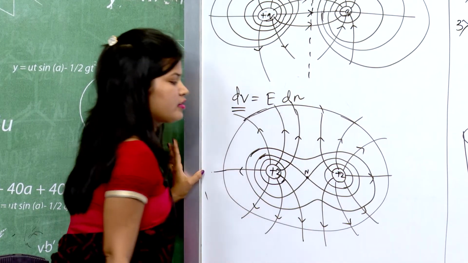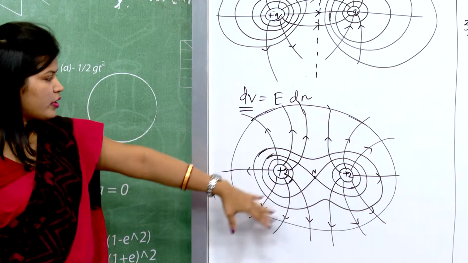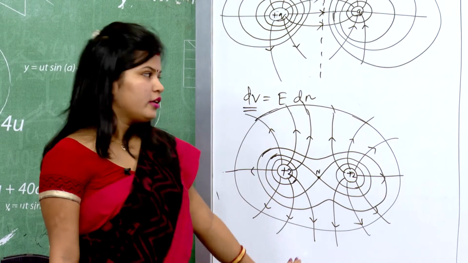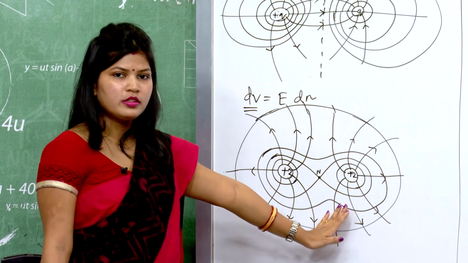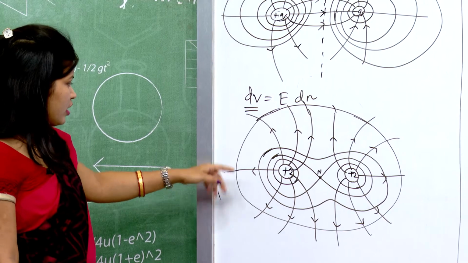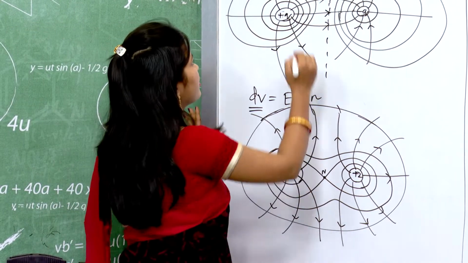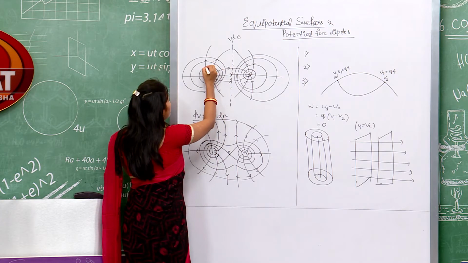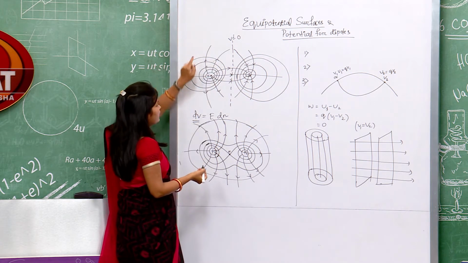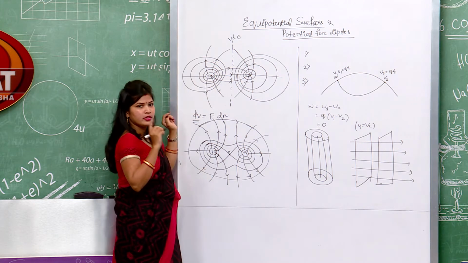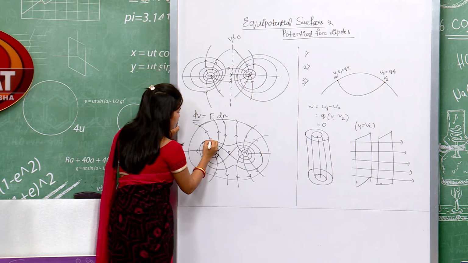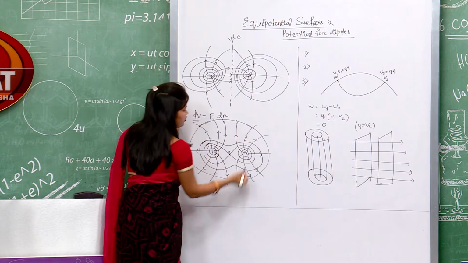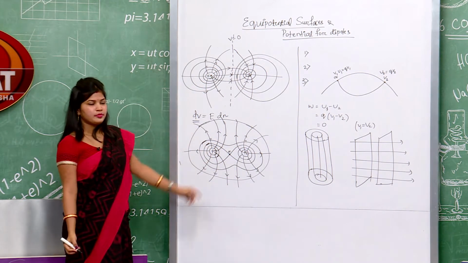And another shape, also due to repulsion, is like this. So, in this way you will find the shapes of the equipotentials for dipoles and for two positively charged charges. And everywhere, for dipoles also, the angle between the electric field and the equipotential surface is 90 degrees, everywhere.